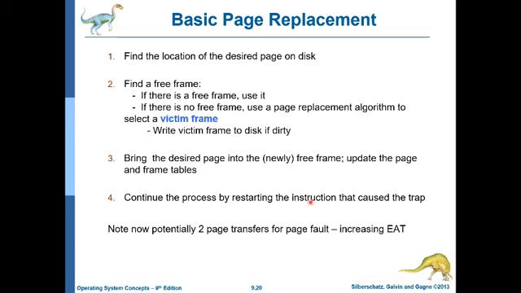So we write the victim frame to the disk, then we bring the desired page into this free frame, which was the victim frame, and update the page table to refer to it as a valid page. We will set the valid-invalid bit to V. And finally, we will continue the process by restarting the instruction that caused this trap, as I discussed before.